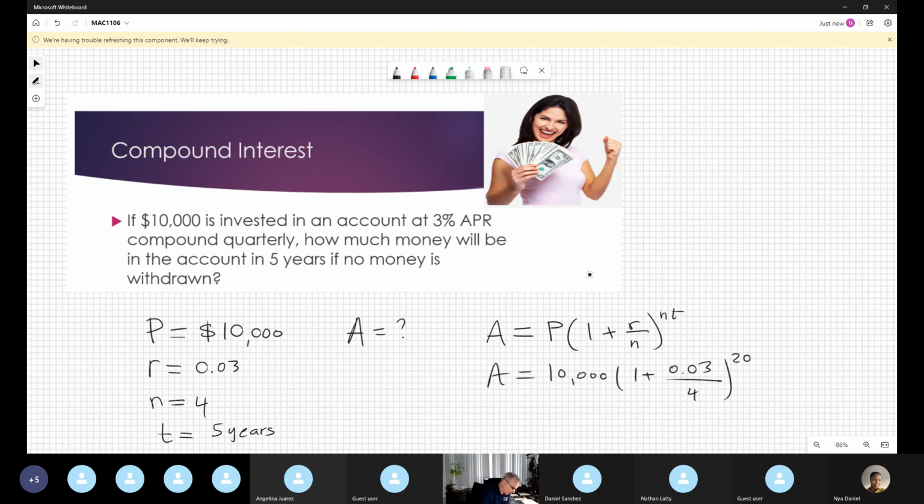I try to do it in my own calculator, and you compare your answer and my answer. Put 10,000, multiplication, parenthesis, 1 plus 0.03 divided by 4, close the parenthesis, power 20. Boom, I get the answer.